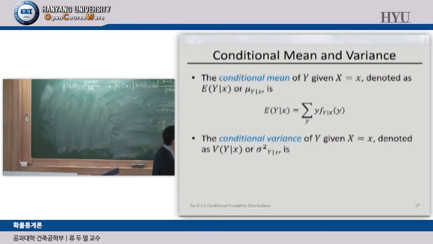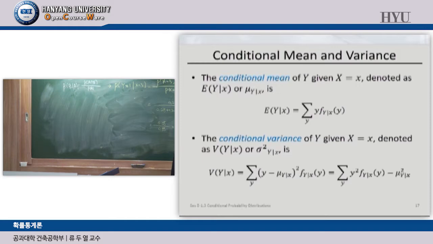And the conditional variance of Y given x when x is equal to small x, denoted as large V of Y given small x, or sigma square of Y given small x, is the summation of y minus the conditional mean, square, multiplied by the conditional probability mass function, or the summation of y square multiplied by the conditional probability mass function minus the conditional mean square.